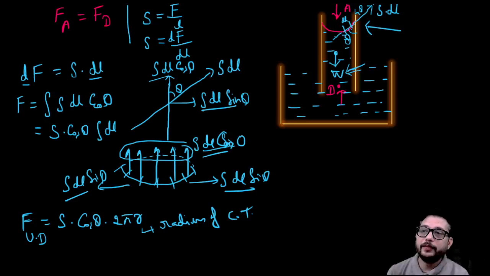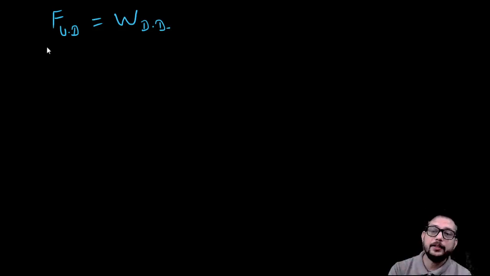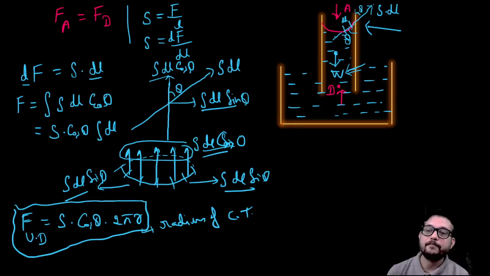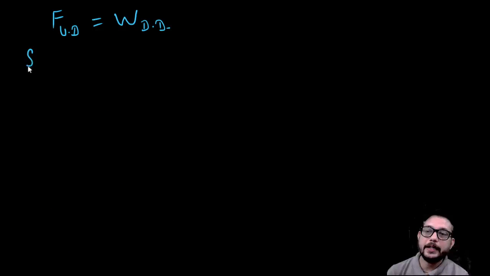So we write that the force in the upward direction must be equal to the weight in the downward direction. The upward force is S cos theta into 2 pi r.